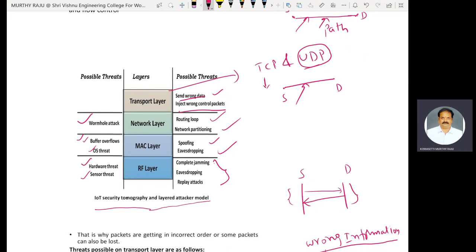Tomography means examination of the possible threats at different layers. These threats can disrupt the entire communication within the IoT network. With this, all the possible threats at the layers of the network are explained.